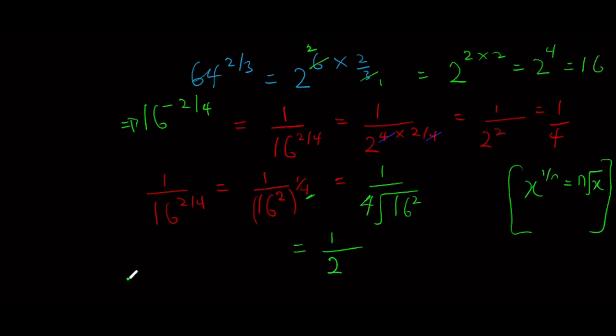So we are left with 2 squared, and that will give us 1 over 4. So we have considered the laws that govern indicial operations. Without these laws, we won't be able to solve many questions as a matter of fact.